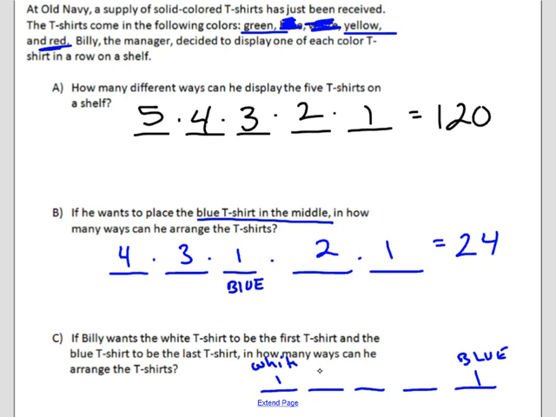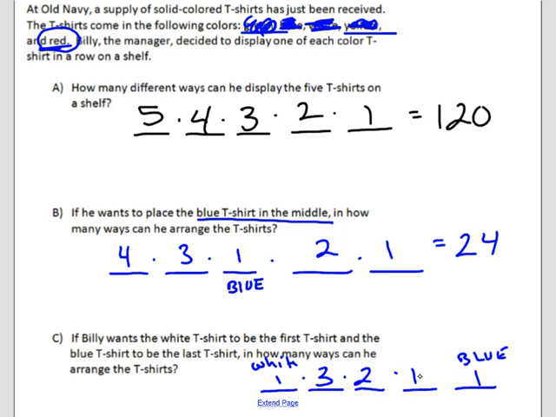We could have any one of those three choices for this one. And once you pick one of the colors, maybe it was green, now all we have left are yellow and red to choose from. Now we only have two more to choose from. Maybe he picks yellow. Now he only has one choice. Red is the only shirt that could possibly go here, if he had picked the colors in this order.